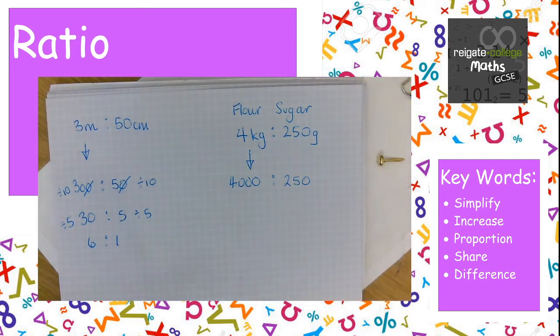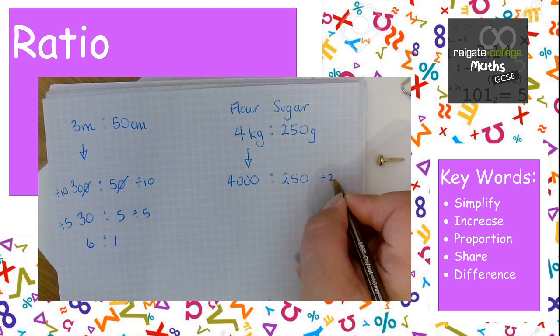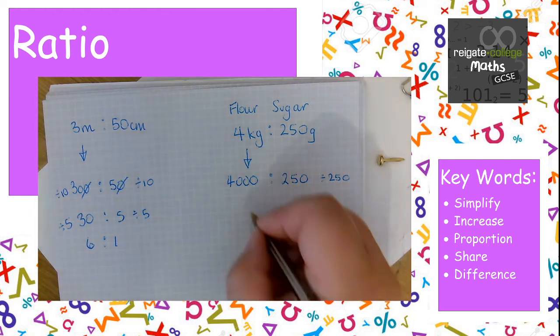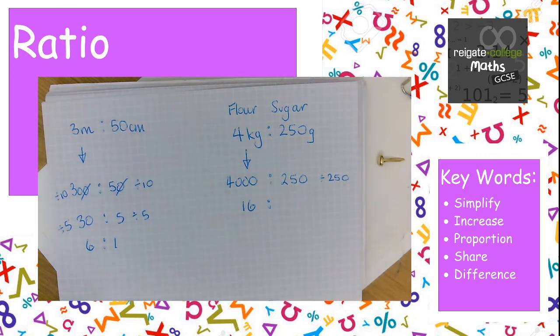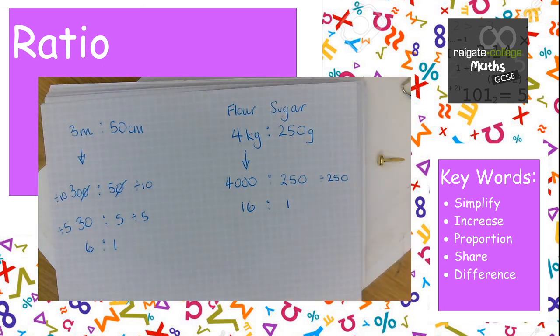So there's my true ratio, 4,000 to 250, and I'm going to simplify this. I could do it in small chunks, but I do actually know that 250 goes equally into 4,000. So that's what I'm going to divide both sides by. 250 into 4,000 goes 16, and 250 into 250 goes 1. There is my simplified ratio, 16 to 1.